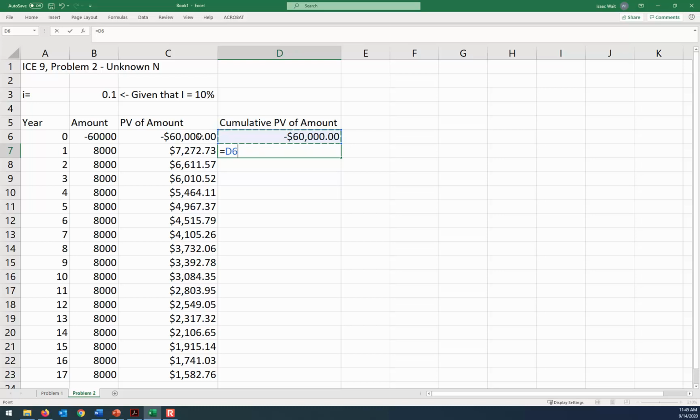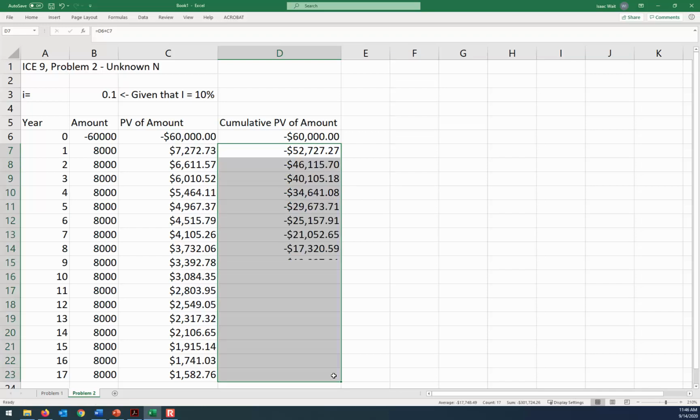So you have the previous amount plus the new value for what came in this year. The present value of that first $8,000 means that the present value amount after 1 year of operation is negative $52,727.